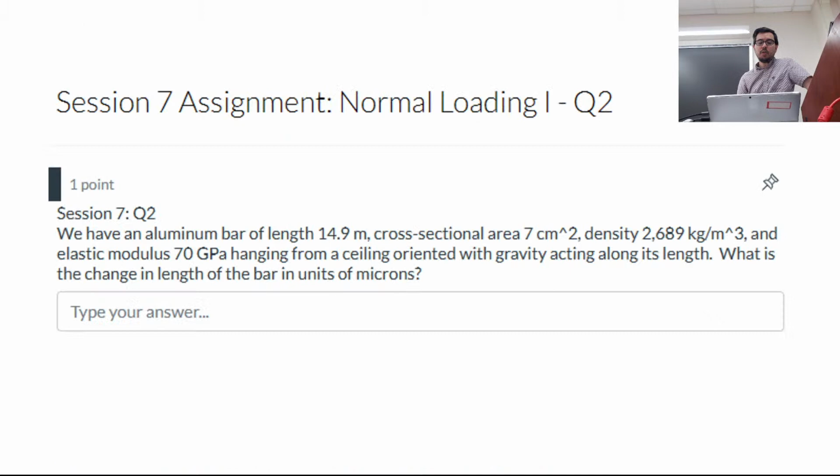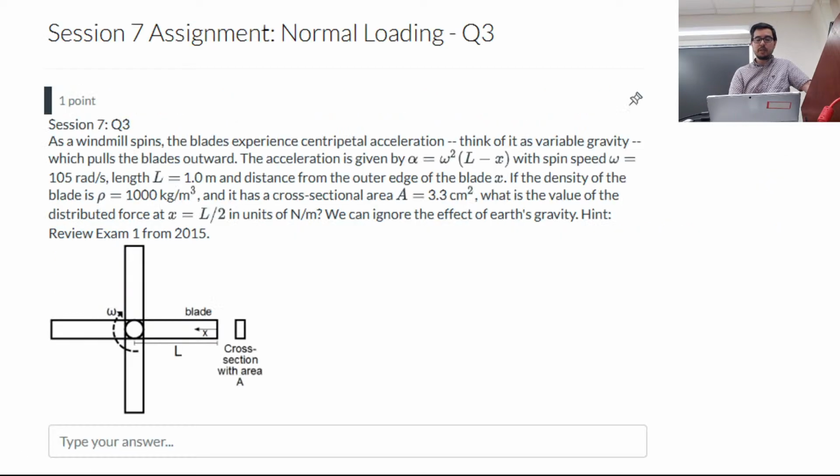So you'll get an opportunity to do one or multiple of these types of problems with distributed forces. Here's another one, from a previous exam, where we have a spinning blade. Because of the centrifugal acceleration, and you can think of a centrifugal force, you're going to have strain and a distributed force acting on this blade.